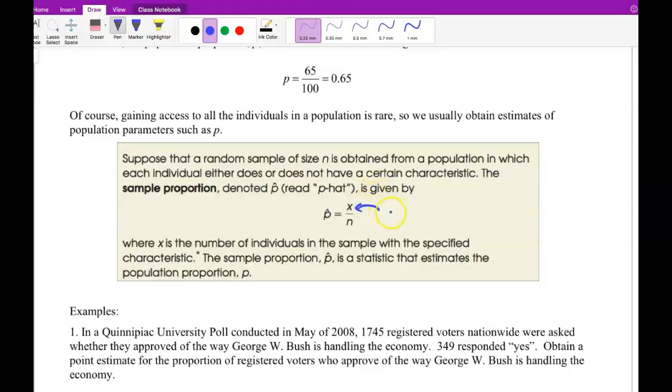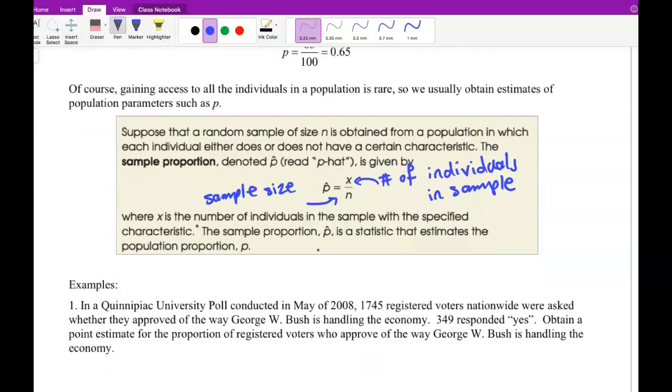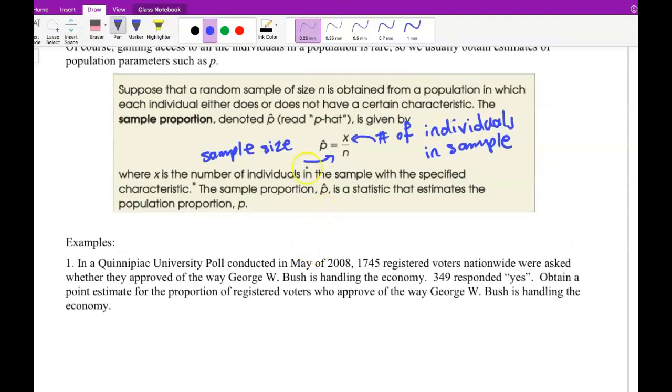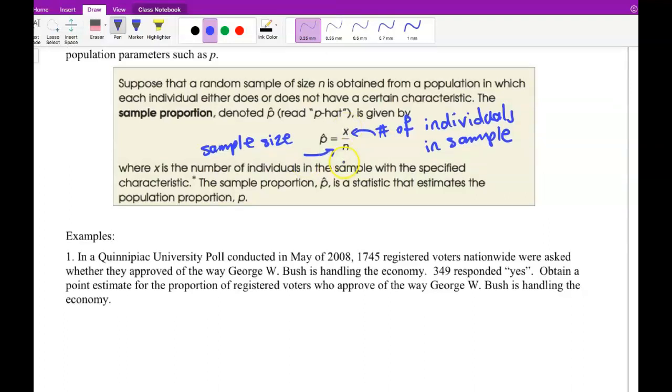This x is the number of individuals in the sample, and here n is the sample size. So to find the sample proportion, we need this x and then divide that by the sample size.